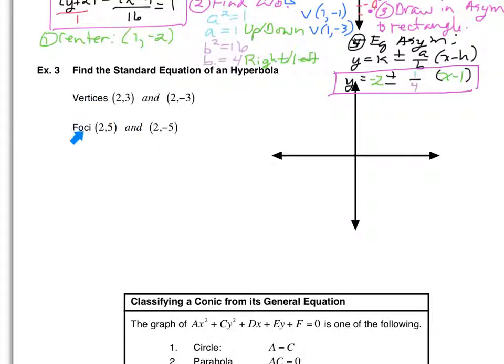What do you know about the vertices and the foci? Where do they both lie on? Yeah, these both lie on the transverse axis. Both of them do. So if I plot my vertices, let's go ahead and plot those.